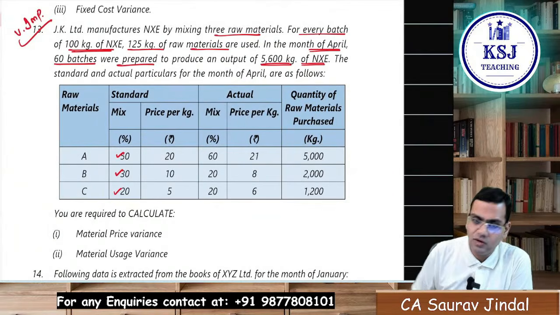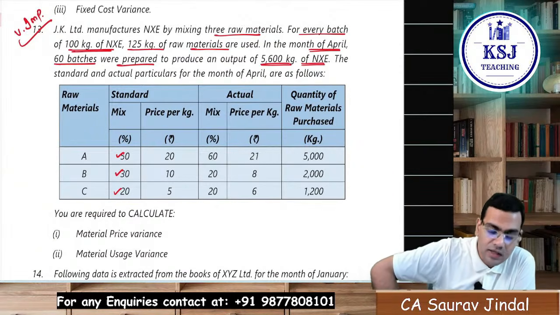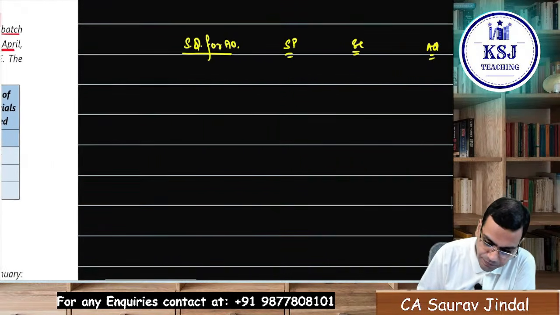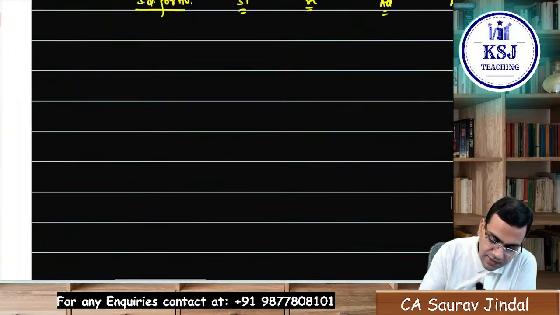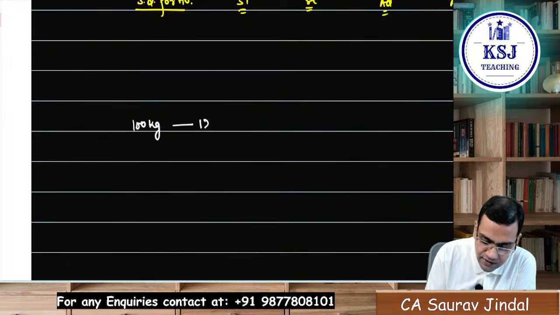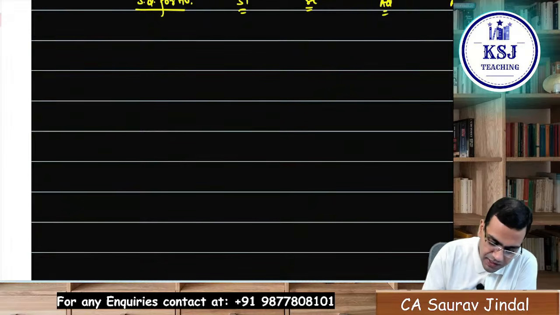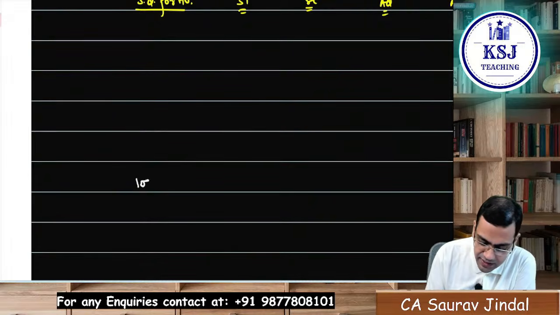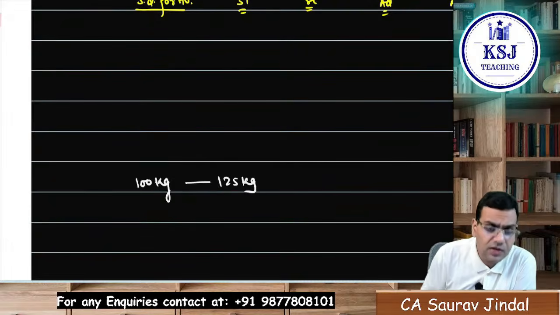5600 kg. Can you tell me what will be the standard quantity for actual output? The standard says that for 100 kg of the finished good, 125 kg of the raw material is required.